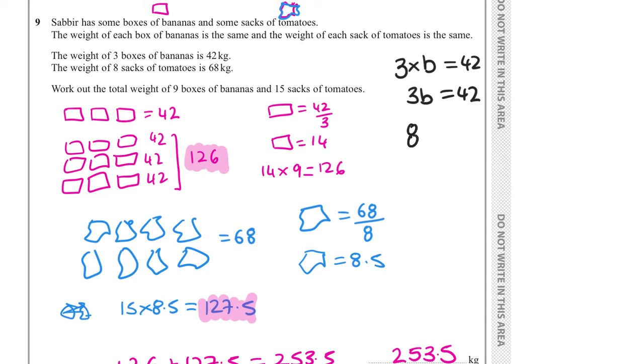We've got 8 times sacks of tomatoes is 68, so we can simplify that to 8S equals 68. And again, the same thing. So using algebra is also just as easy. Now, in your exam, if you don't write this method and you've just written the answer, you will not get the marks.